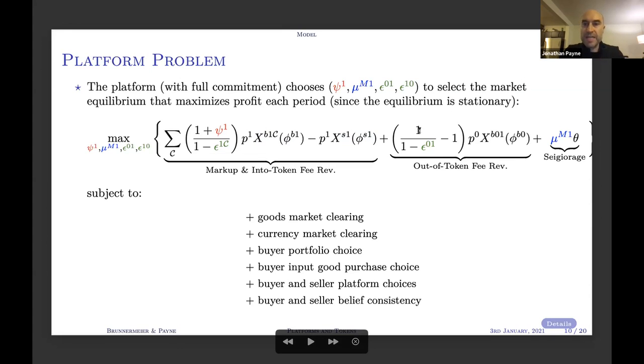They also get fees if people choose to sell their currency. They take their currency away from the platforms. This is the out of token fee. And they also get signage revenue, but the signage revenue here ends up being the growth rate of their money times the fraction of currency held in platform tokens.